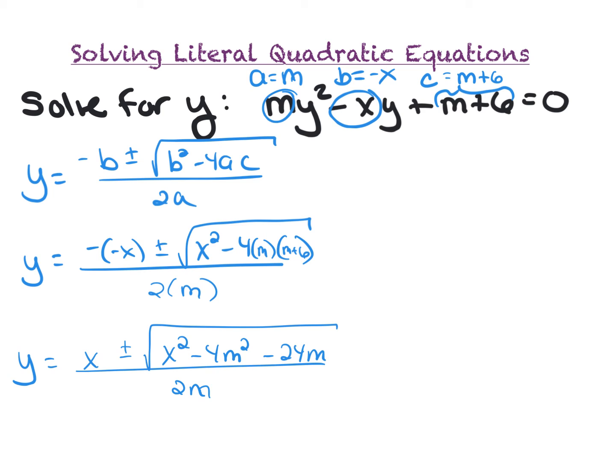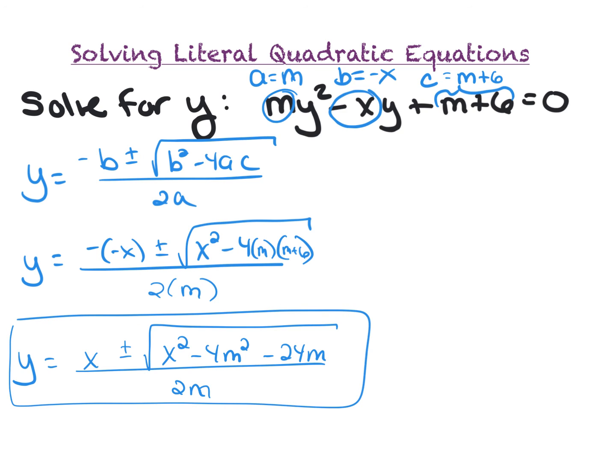And as tempted as I might be to simplify the square root of 4m squared, even the 24 portion here, because we have these subtraction signs inside our radical, they're not free to cancel in the square root. We'd have to do some factoring. And none of this factors inside the square root, so we are finished.